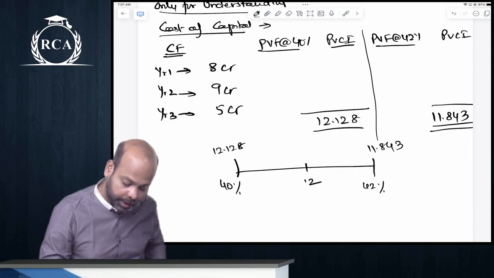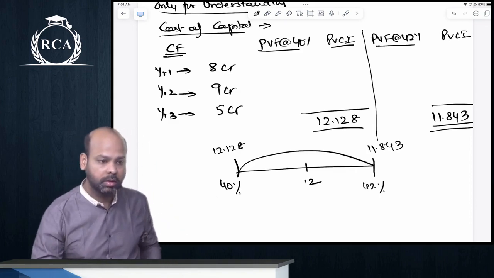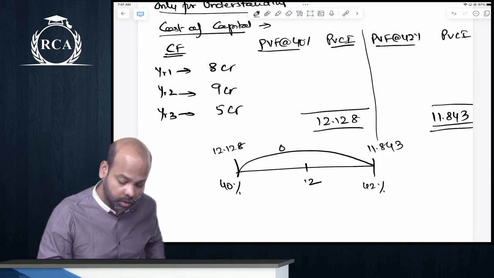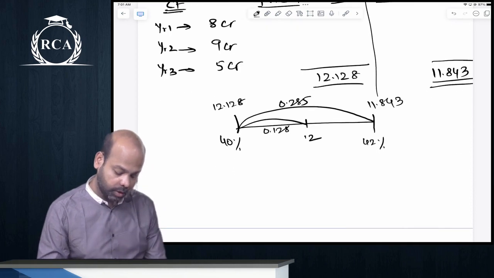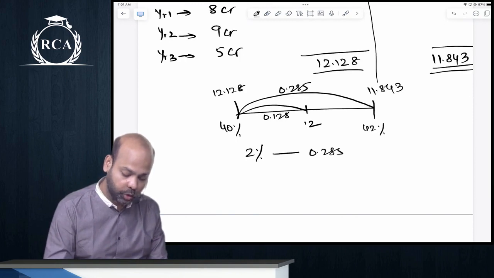You need to stop at 12 crores as such, guys. The total difference from here to here is how much? 0.285, but you want a difference of only 0.128. For 2% beta, if it is changing by 0.285, for 0.128, what shall be the proportionate change?